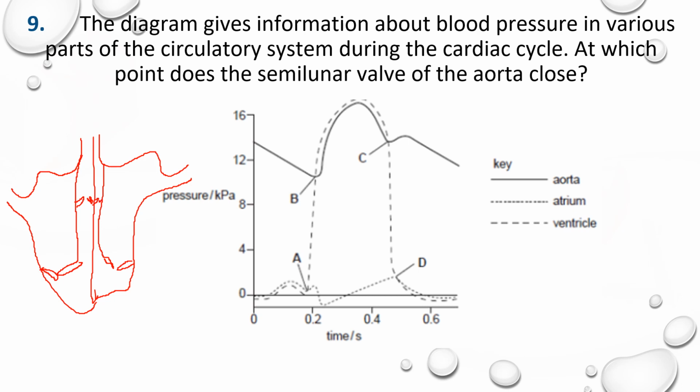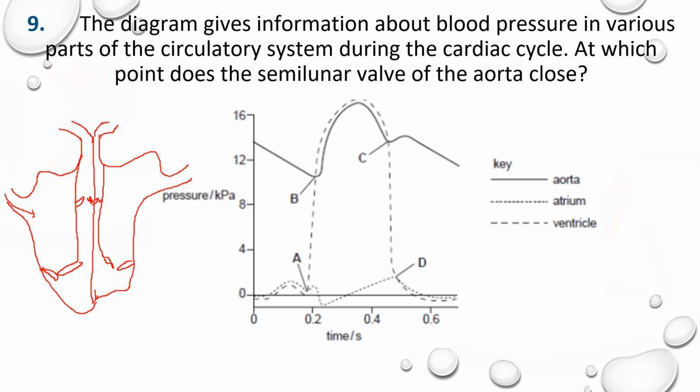So this here is the pulmonary artery that carries blood to the lungs. This should be thicker. The aorta, sorry. So deoxygenated blood comes in through the vena cava.